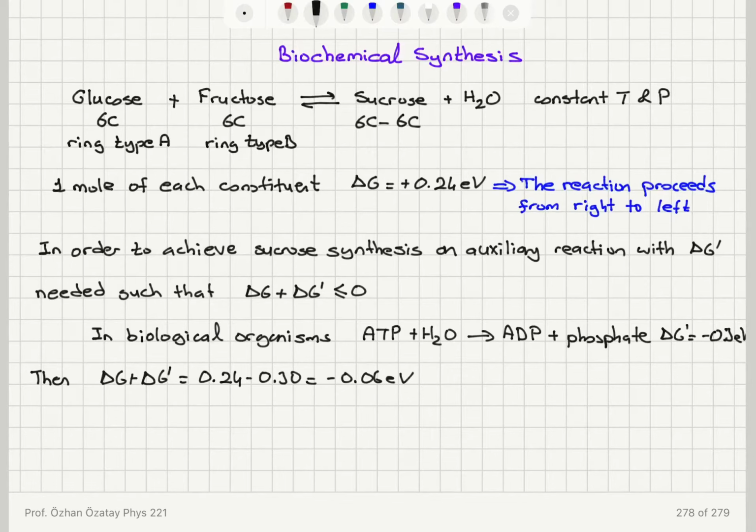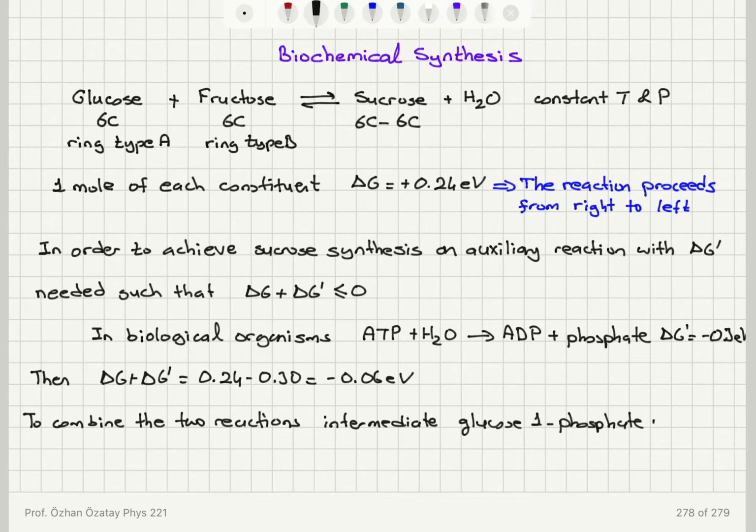To combine these two reactions, a common intermediate, glucose 1-phosphate, can be used. So how does that work?